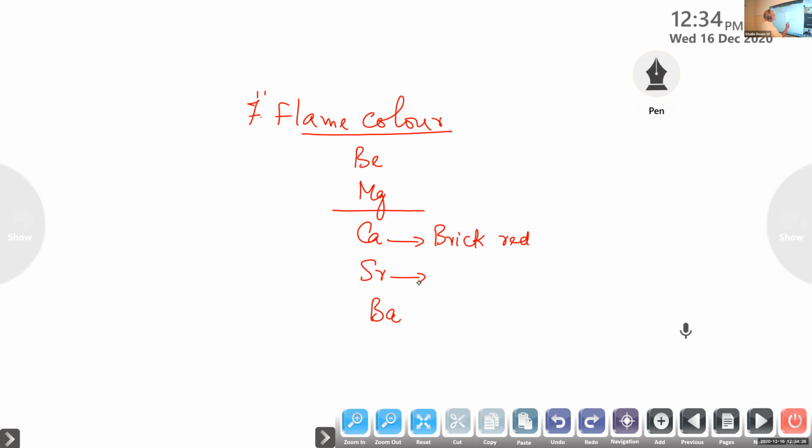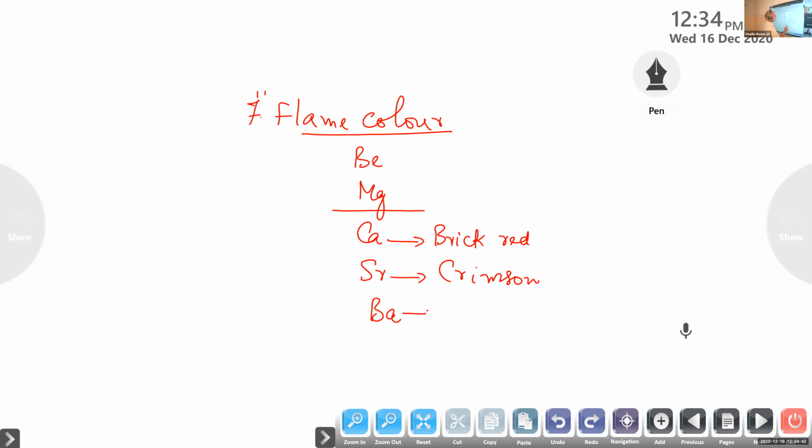Strontium gives crimson. We had seen crimson red color for lithium. Here, strontium also gives a crimson red color, bright red color.